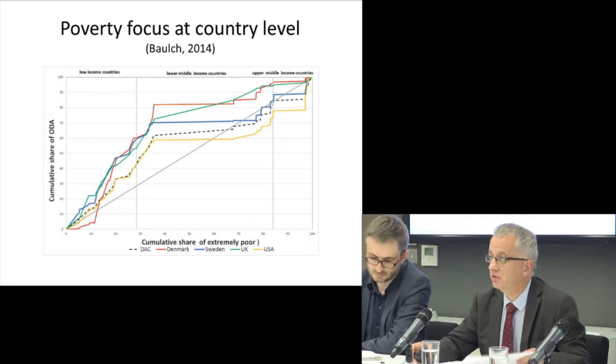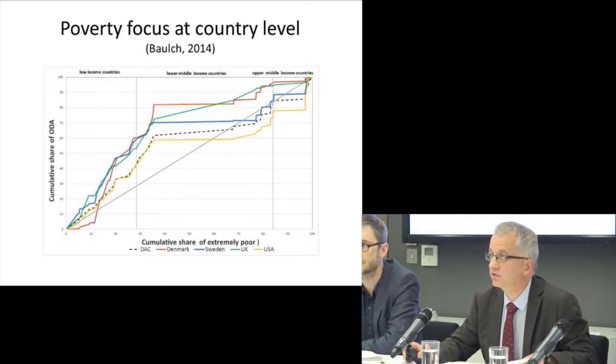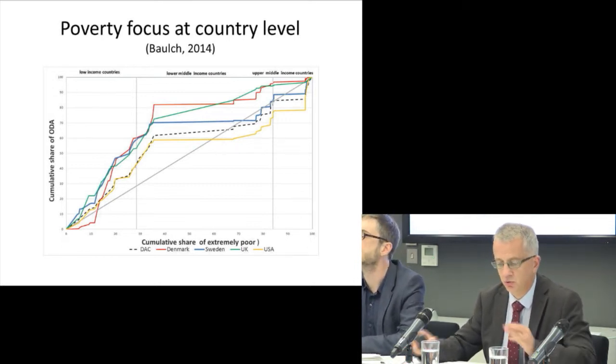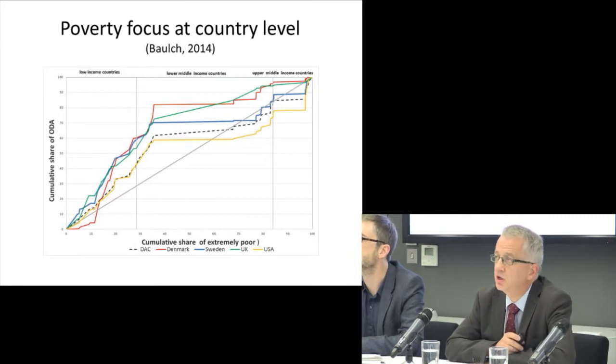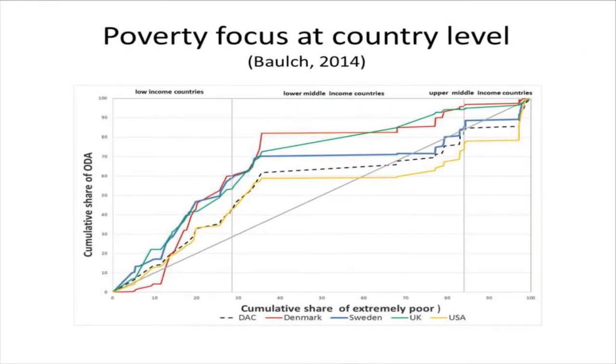What we did was to ask Bob Walsh to do a paper for us. Bob Walsh is in Hanoi. He measured poverty focus at country level. On this picture you can see on the x-axis the cumulative share of extremely poor people living below $1.25 a day, PPP.